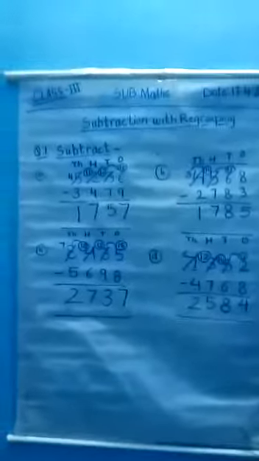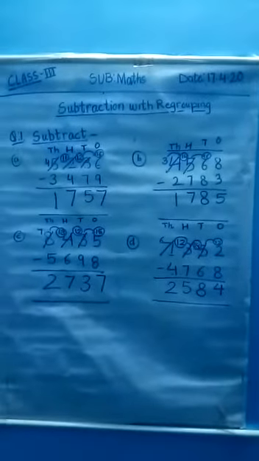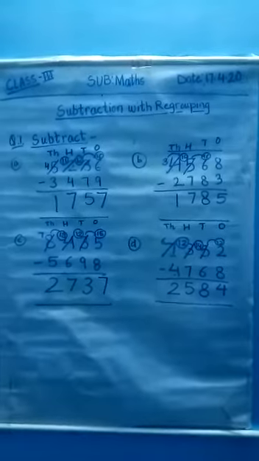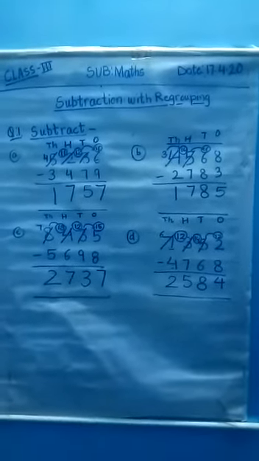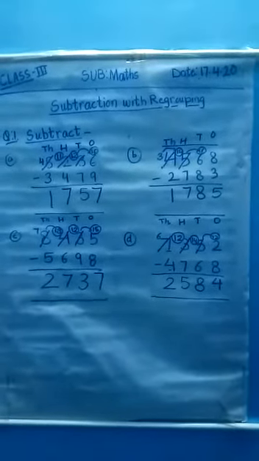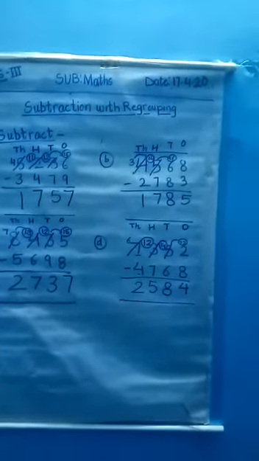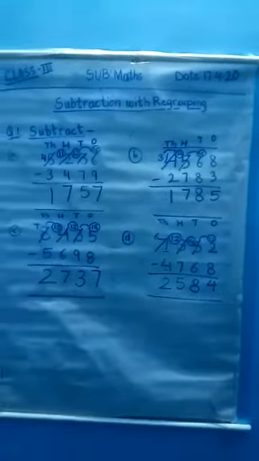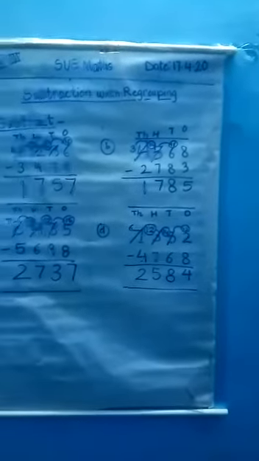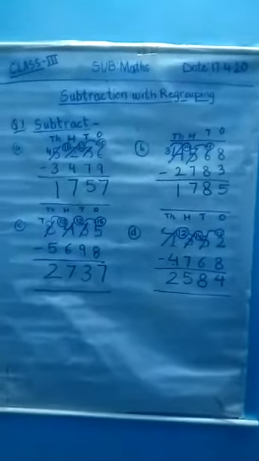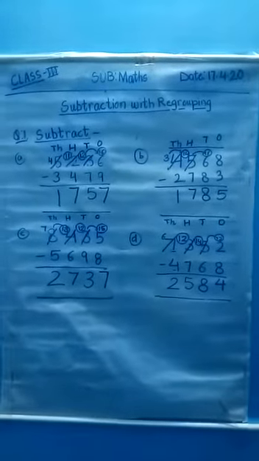Dear students, in all these things you are able to see that the smaller number comes at the bottom and the bigger number comes at the top. But when at ones place, tens place or hundreds place, the bottom number is bigger and at the top the number is smaller, then we have to take help from the other place values.